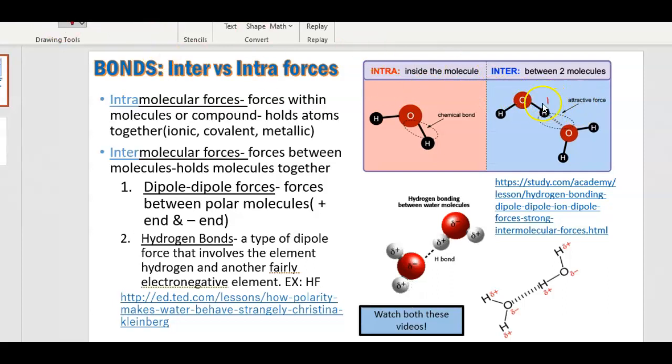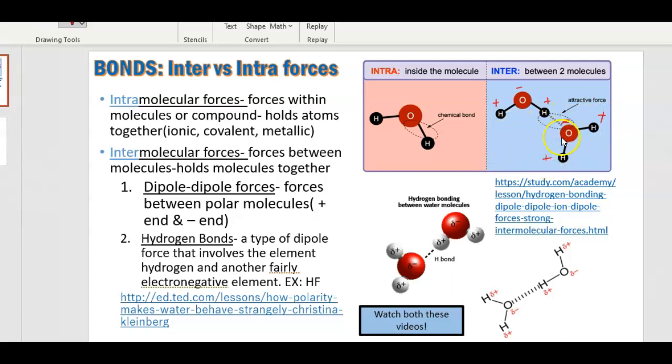Hydrogen is going to have a partially positive end, and the oxygen is going to have the partially negative end. This makes water have what we call a dipole. All a dipole is, is when a molecule has a partially positive, partially negative end. So this molecule is going to have a negative side, and these two hydrogens are going to be positive.